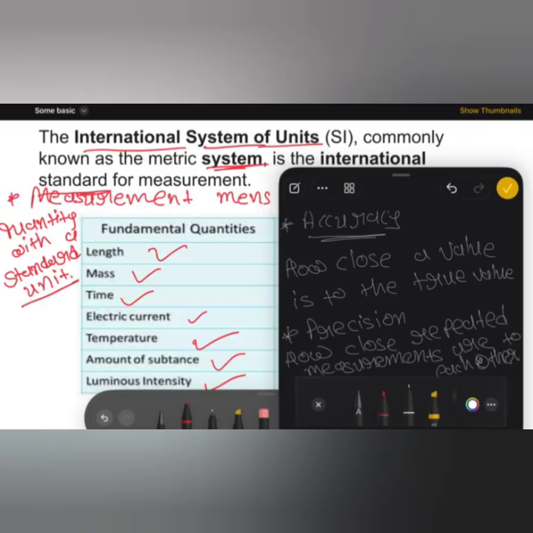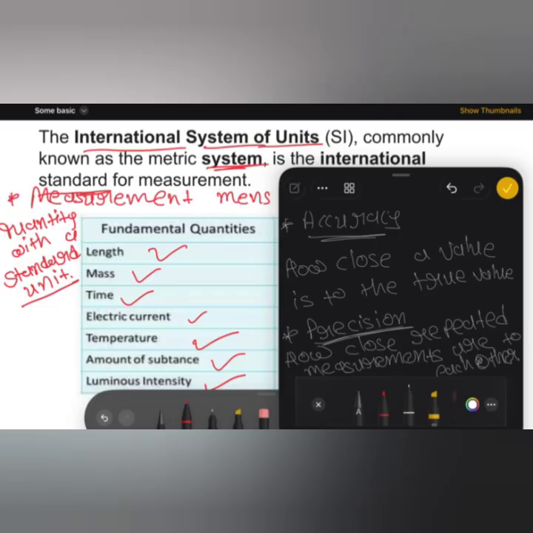These two terms are very important in your exam. Please remember them. Accuracy is how close a value is to the true value, and precision means how close repeated measurements are to each other.